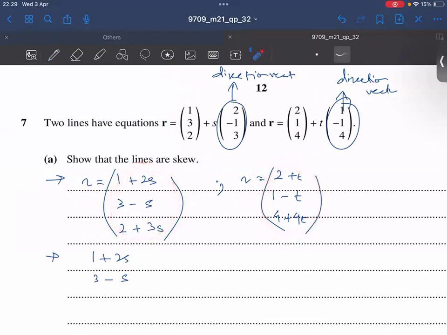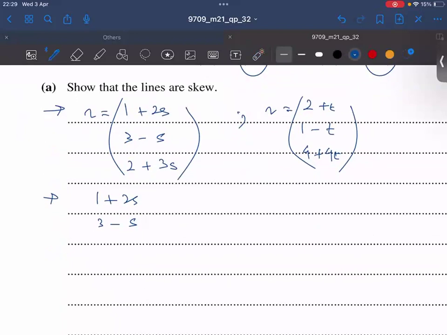So if the lines would intersect each other, you must have a common point between these two lines. So I'm just going to equate, and we're going to check whether there is a point of intersection or not.